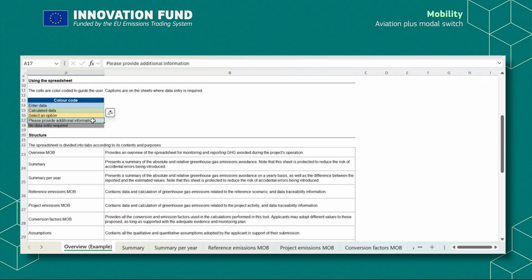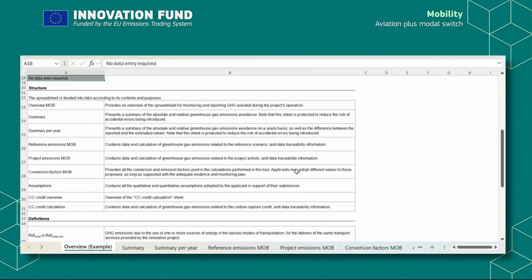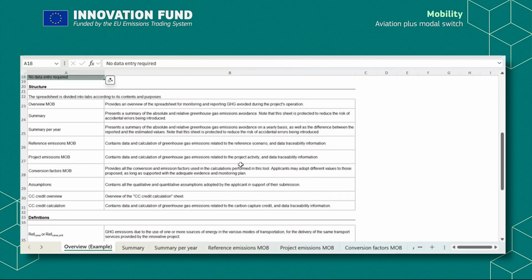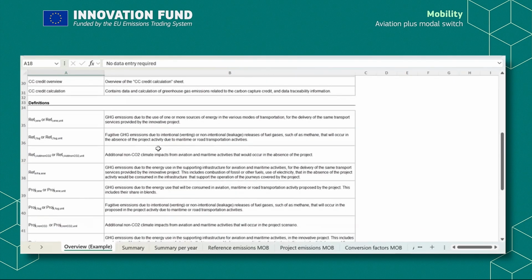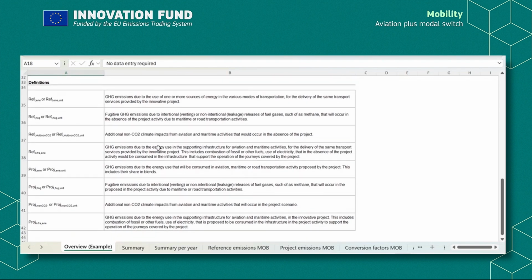Gray cells are for comments and other information about the data entered. Finally, hatched cells indicate fields where no data entry is required in the tool. This tab also includes additional information about the tool, such as a description of the contents of each tab, and the definitions of the acronyms used in the calculator.